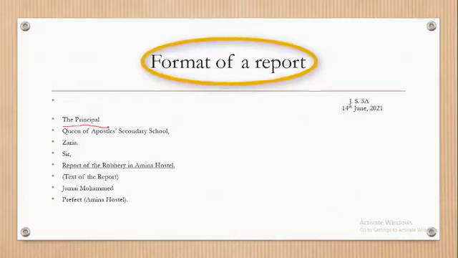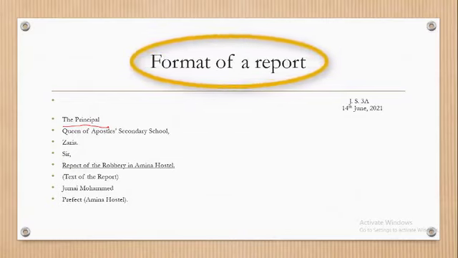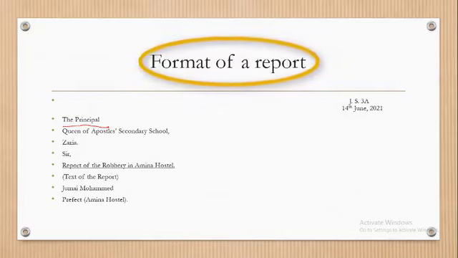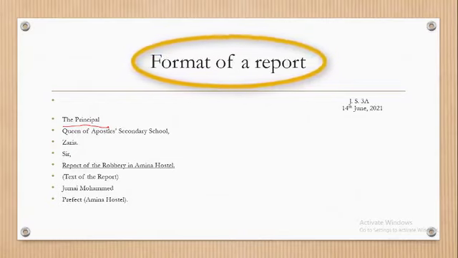So this person, Jumai Ahmed, is the prefect in the hostel, so he or she indicates his or her portfolio in the report. If you are, let's say, a concerned citizen, just indicate that. It's very important to do that.